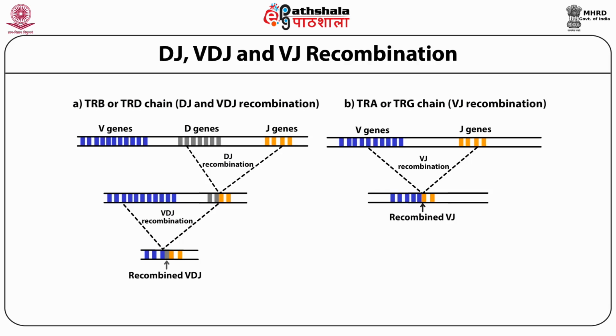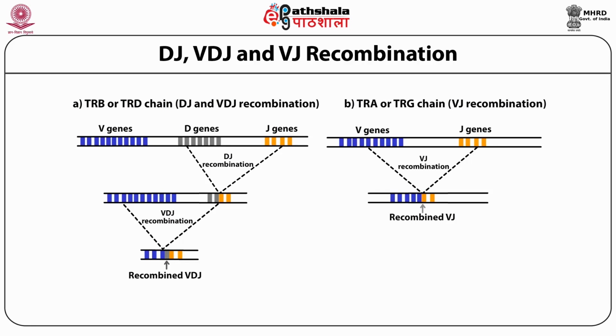The sequence of recombination events at the TR loci is precise, with DJ recombination occurring before VDJ recombination. Further, the TRB, TRG, and TRD loci get rearranged before the TRA locus. The TRA and TRG loci do not contain D genes and therefore undergo V to J or VJ recombination only.